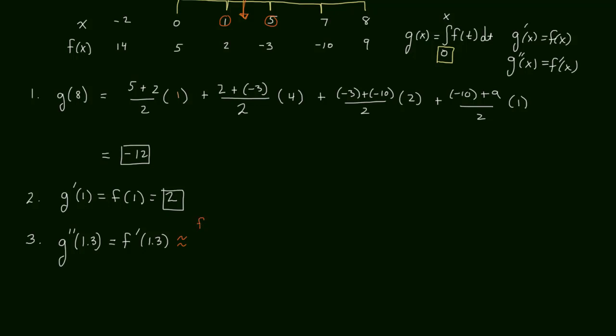So we'll have f of 5 minus f of 1 all over 5 minus 1. So I can use my chart to compute those. So we have a negative 3 minus 2 all over 5 minus 1. And that, of course, comes out to be negative 5 over 4.